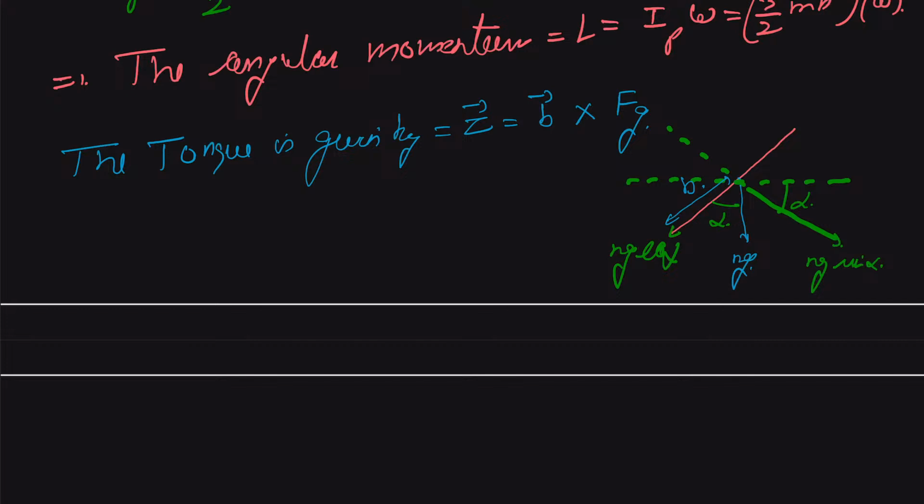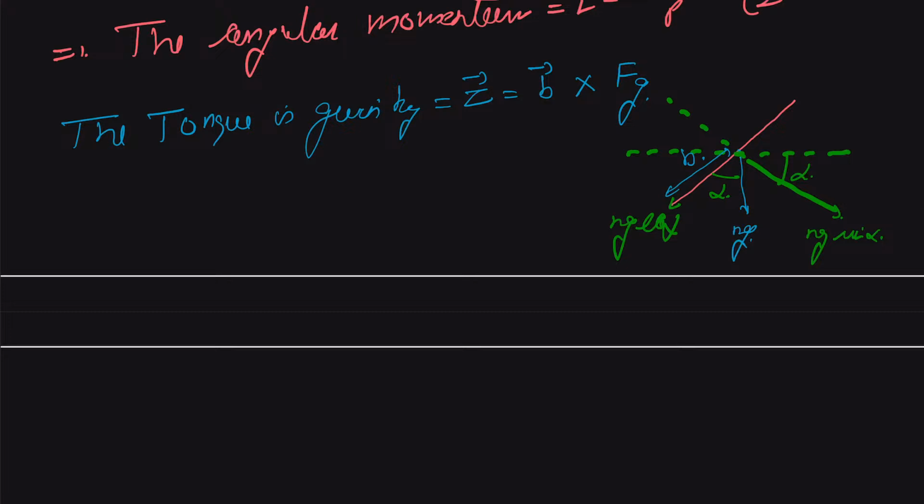Okay, therefore our Fg will be equal to our mg sin of alpha. Okay. So we get that our torque will be equal to, in terms of magnitude, our b and our mg sin of alpha.